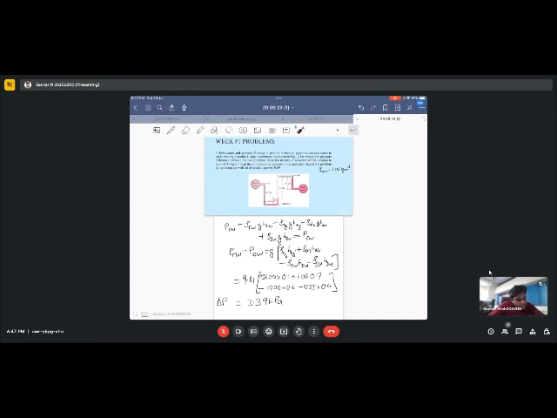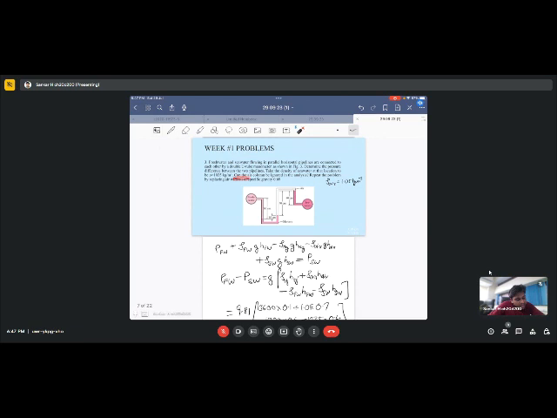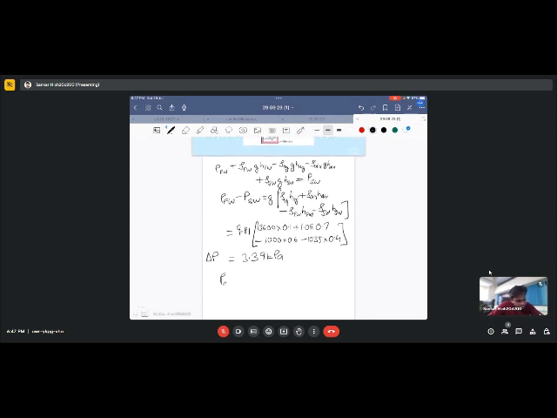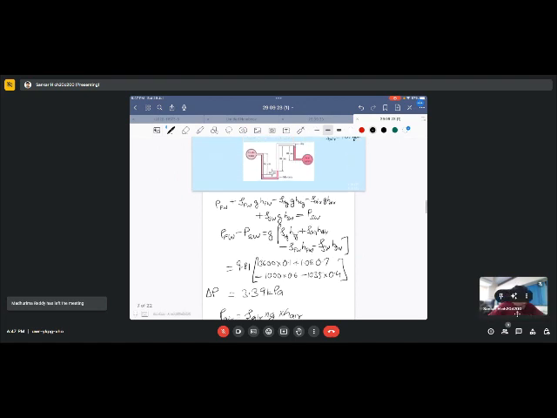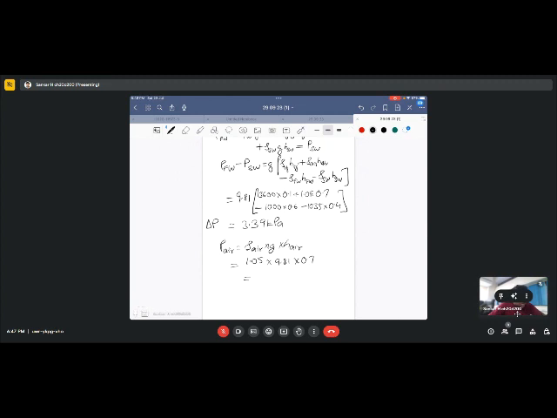Okay, apparently the question is not yet over. Now that we have found the pressure difference, the next part of the question is, can the air column be ignored in this analysis? Let's find the pressure of the air column. P_air is equal to the density times gravity times the height, which is 1.05 times 9.81 times the height of air in that column, 0.7 meters.